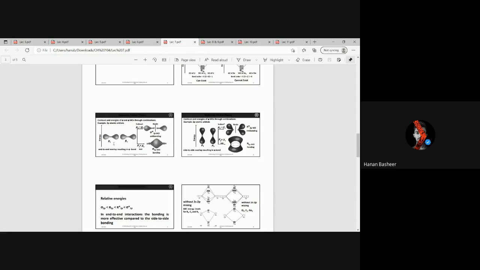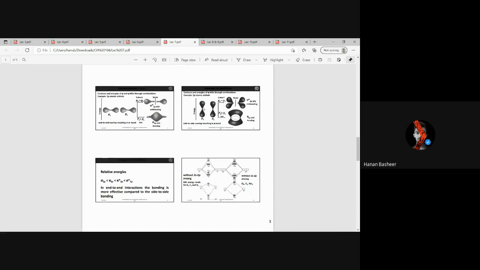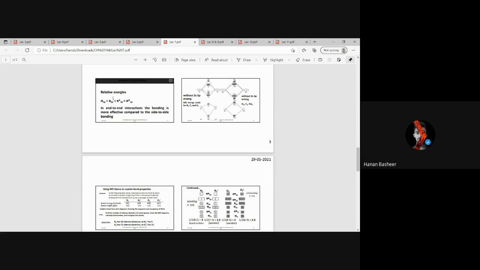This is a diagram showing that along the same axis, if p orbitals are mixing, we'll get this, and if they are in destructive interference, then we'll get a node in between. Similarly, in the case of pi bonding, this is the relative energy: sigma star is greater than pi star, then pi, and then sigma.